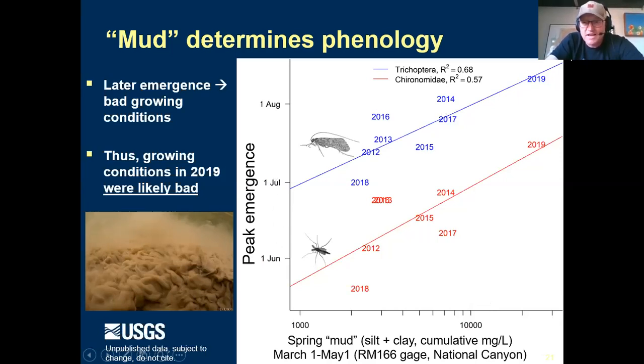In 2019, over here, we had 10 times more mud in the river. And as a consequence, we had a much, much later emergence for both caddisflies and midges. And so we think the reason we came back down to earth in 2019 was the growing conditions in the spring were just really terrible for these caddisflies and for midges.